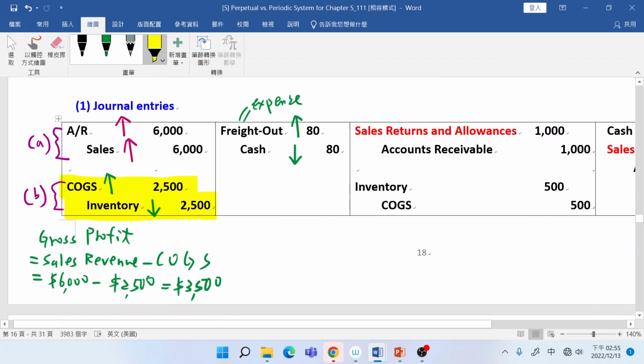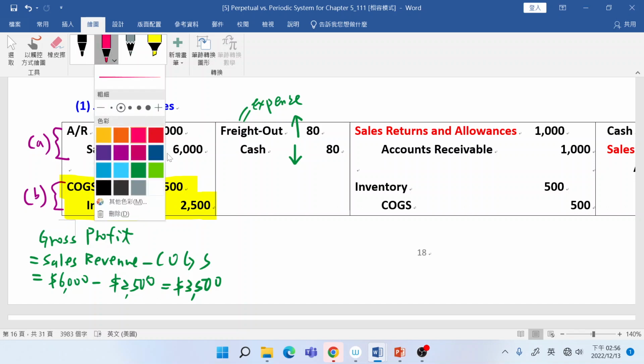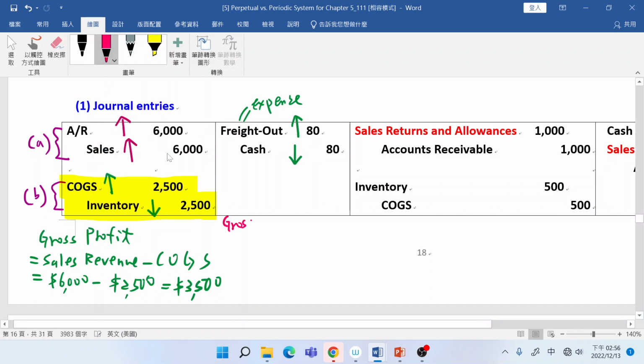We have gross profit $3,500, right? Minus second major expense, freight out 80. So you will note gross profit how much? $3,500.